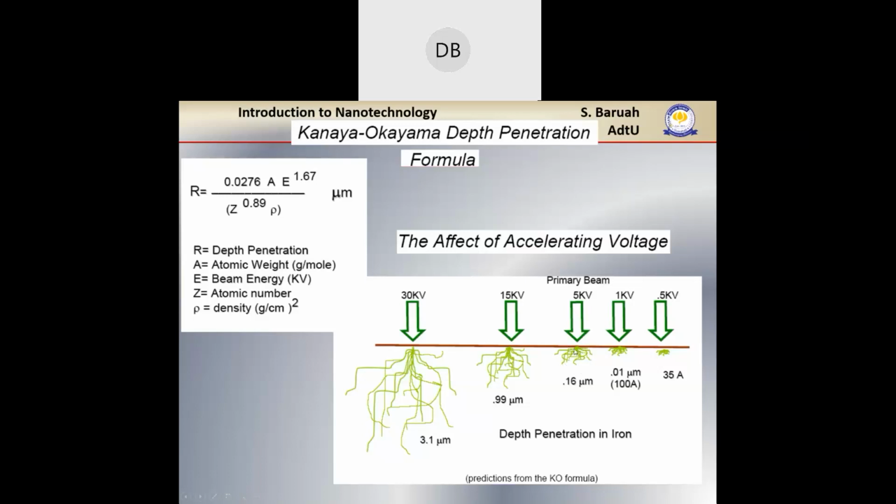Only those going very straight might go a little further, but otherwise all will be constrained in this area. Increase now to 15 kilovolts, it will be a bigger volume. At 30 kilovolts, even bigger, and it can go on that way. But normally we don't go above 30 kilovolts for electron microscopy because it's a huge amount of voltage, and it's very risky to work at such high voltages.